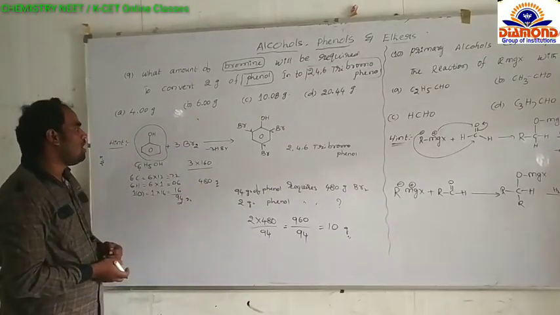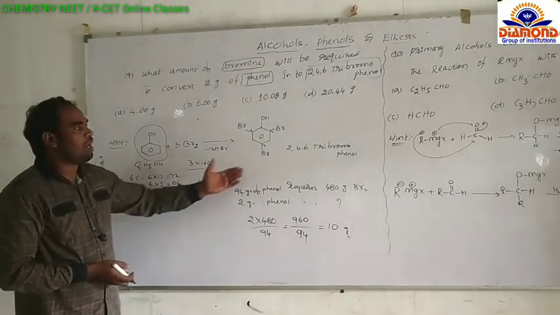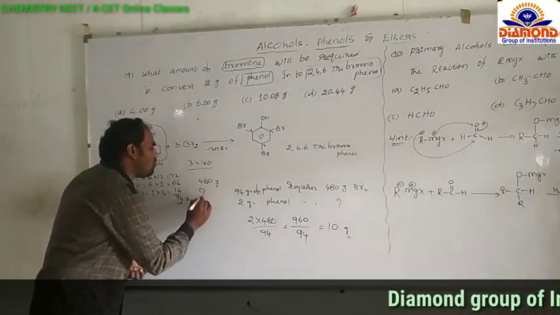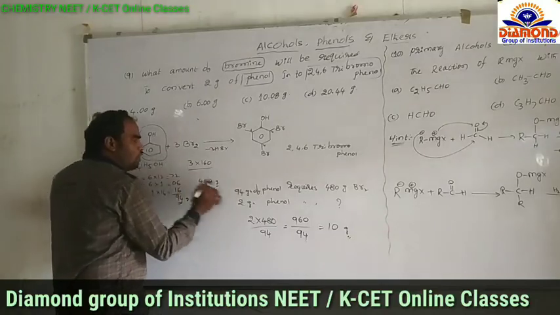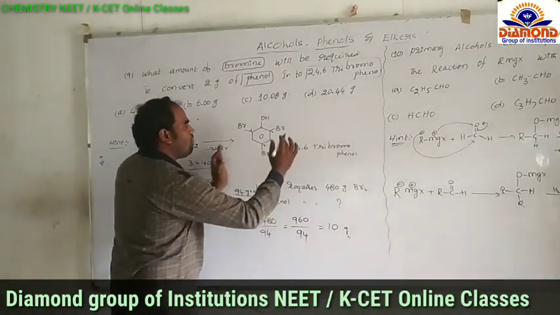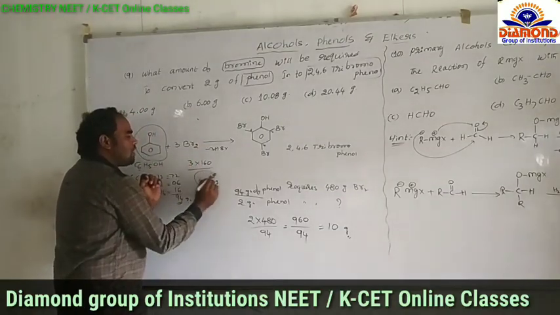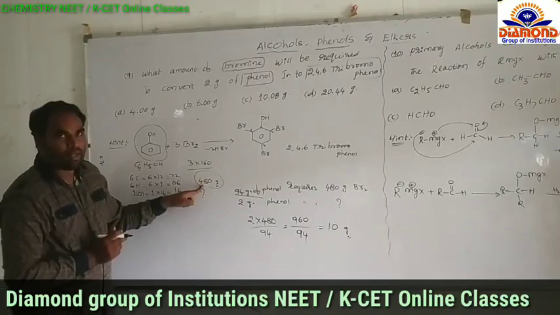But what is the question? If 2 grams of phenol forms 2,4,6 tribromophenol, what amount of bromine will be required? So 94 grams of phenol requires 480 grams of bromine.